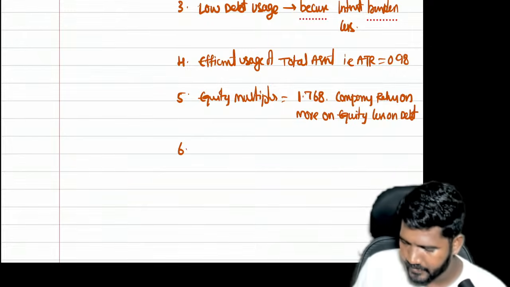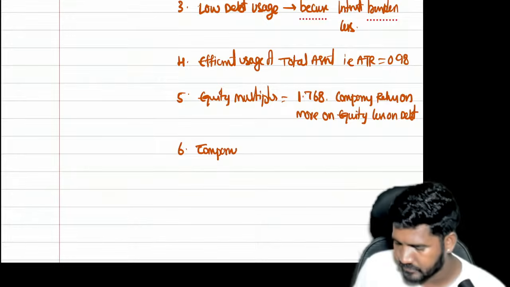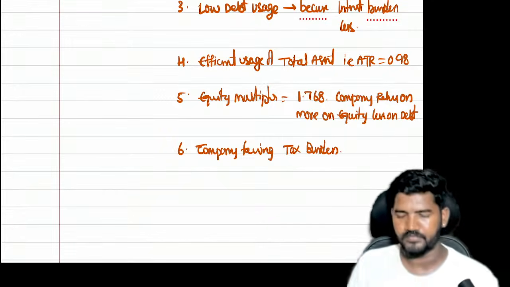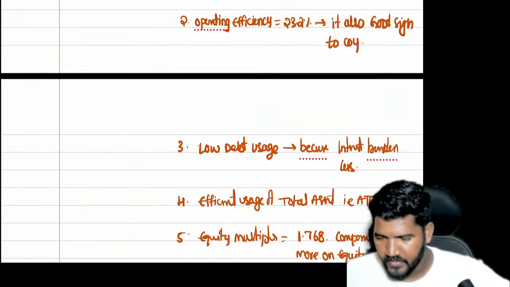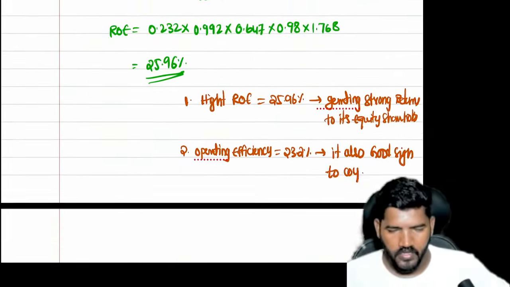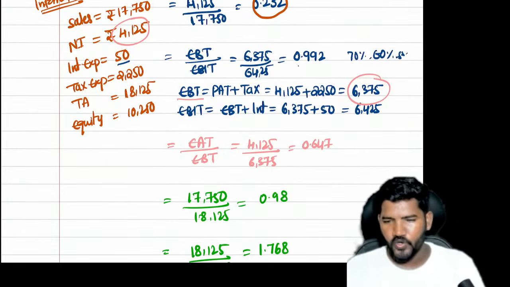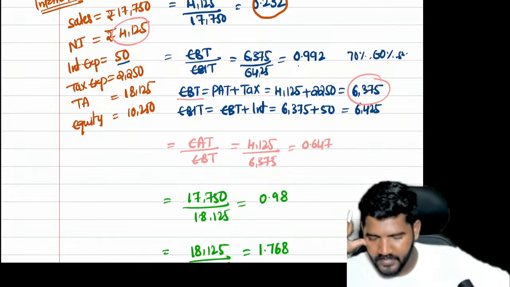And the sixth point, the company is facing tax burden. So these are the observations I figured out. If you write these observations, then you can get good marks. Guys, clear? Sujit, Lokesh, Ravi, Harish, Karthik.